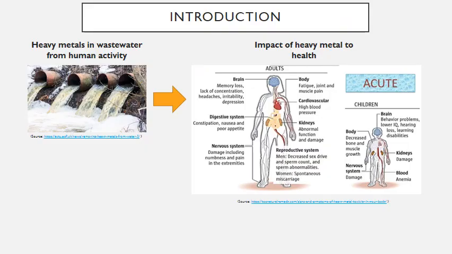The first part is the introduction. Nowadays, with a high population affecting the high water demand from human activity, several environmental problems have been caused by toxic contaminants like heavy metal from human activities, polluting the environment and the surface water resource.